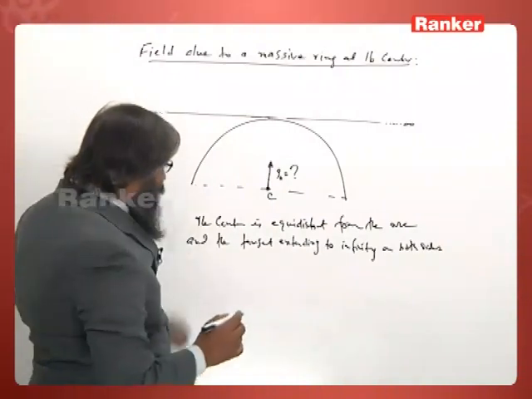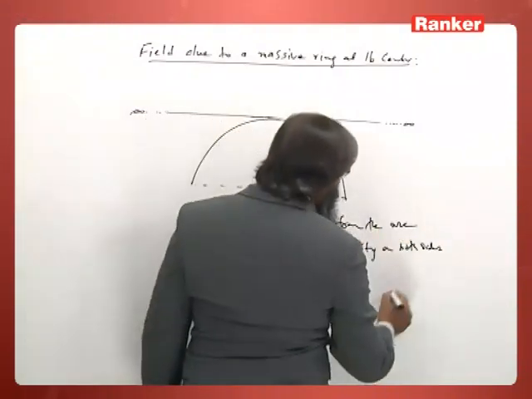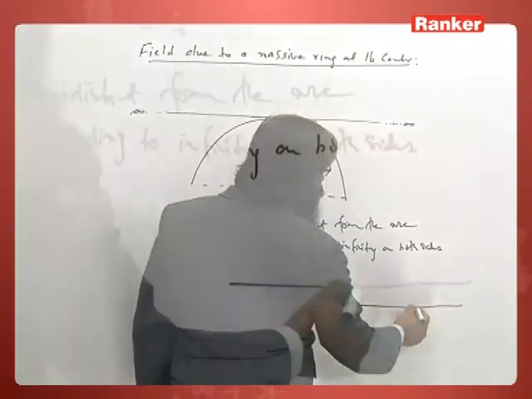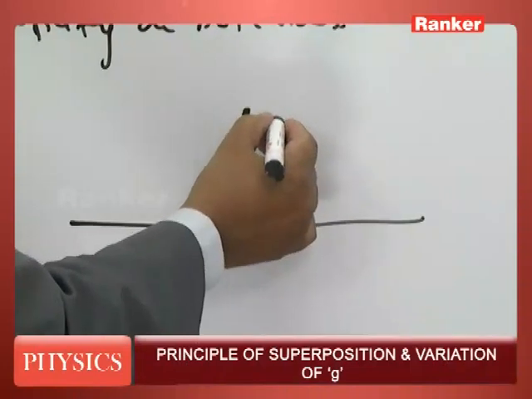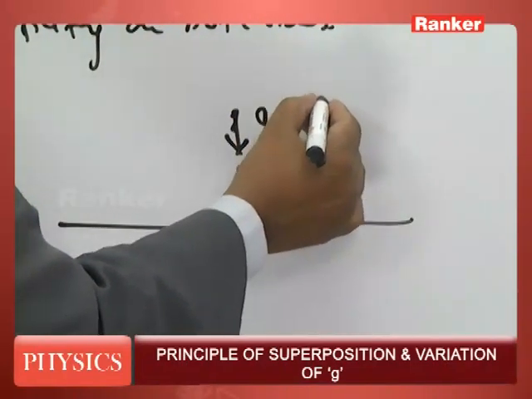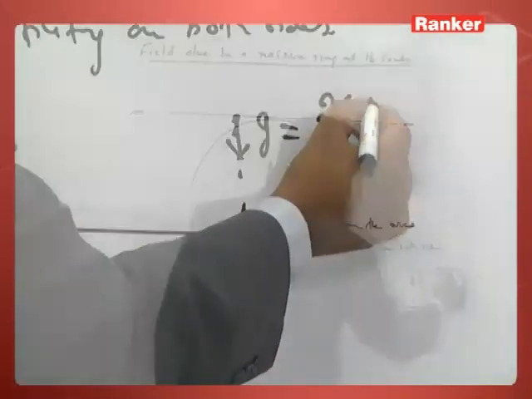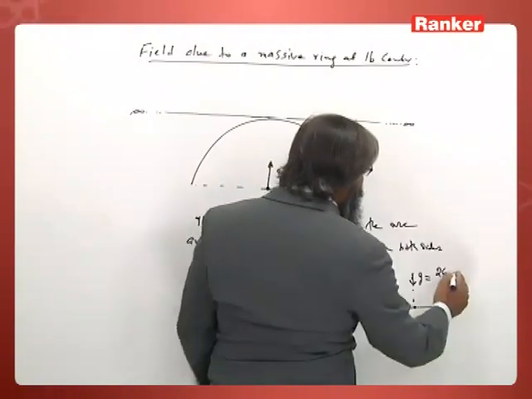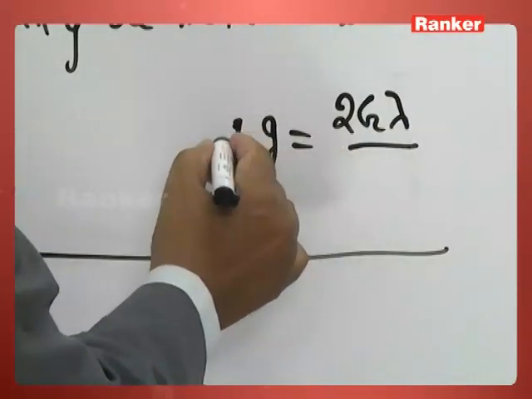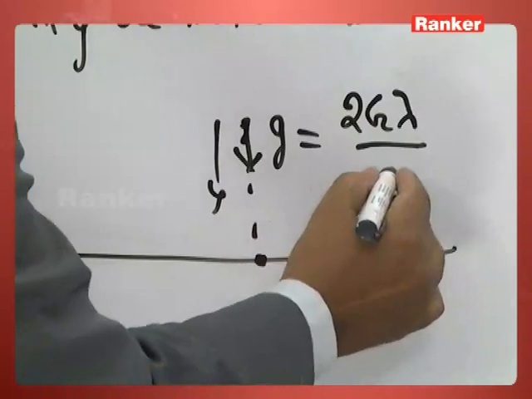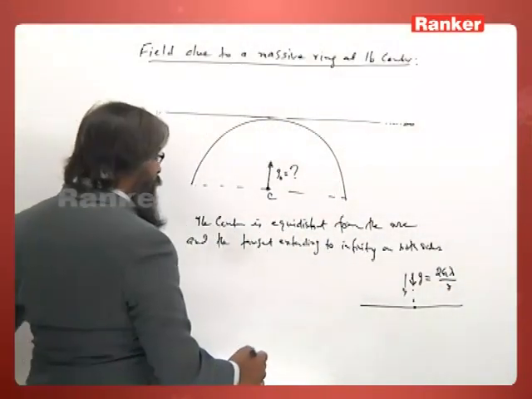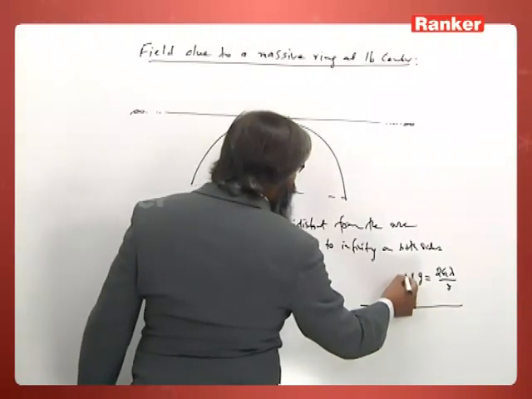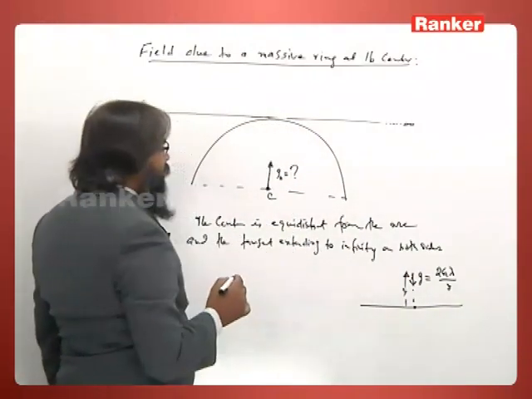Now, we have already discussed that the field produced due to a long slender rod at this point is G equal to 2G lambda by y, where lambda is mass per unit length and suppose this distance is y. This was the formula we derived in our first session.